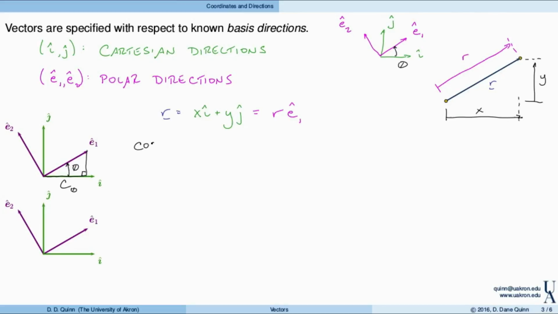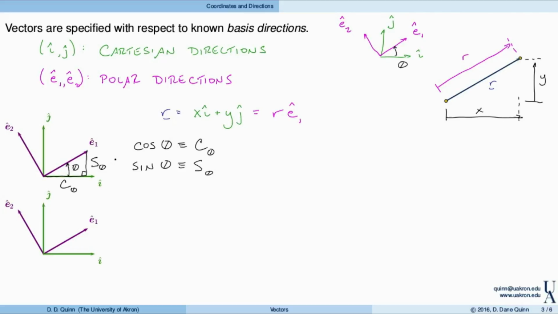Here, a little more shorthand: cosine of theta I will often abbreviate like so, and, of course, sine of theta I will abbreviate as s theta. This side has length cosine theta, just a little trigonometry, and this side has length sine of theta.